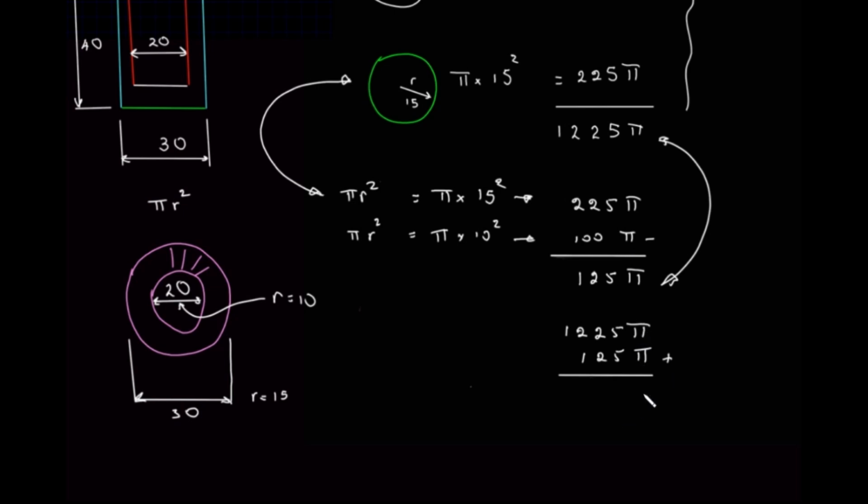Now of course this just becomes, we're counting pies here. 5 plus 5 is 10, carry the 1. 2 plus 2 is 4, plus the 1 is 5. 2 plus 1 is 3. And 1 plus nothing is 1. So the answer is 1350 times pi.